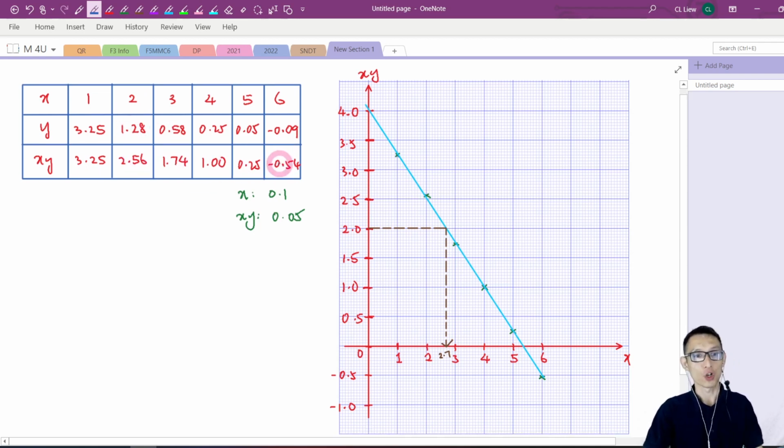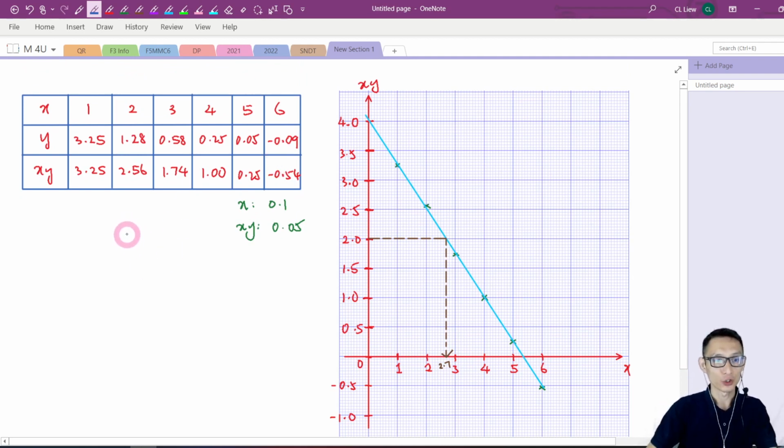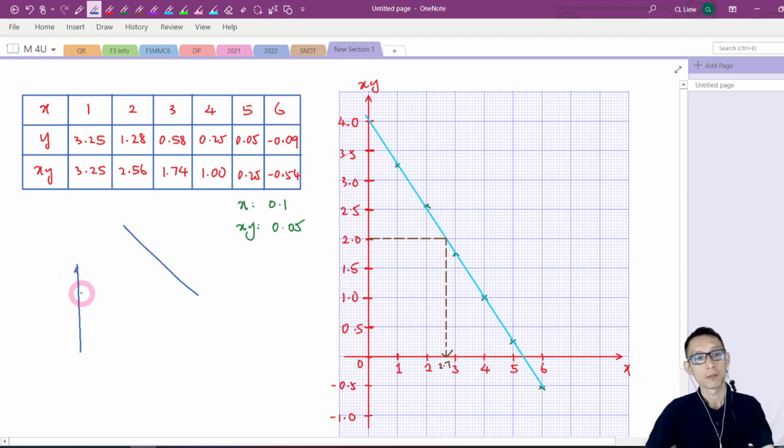Here is my suggestion. Let's say you notice that your graph is going downward like this. It is good for you to leave some space here. Why do I say so? Sometimes we plot until here, but when we draw the line of best fit, we always need to draw until the vertical axis.